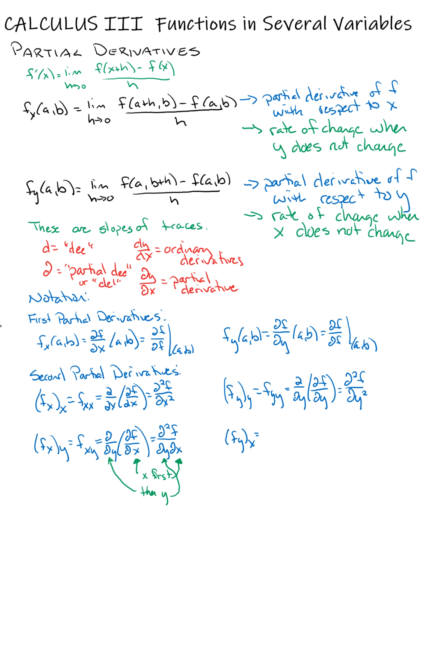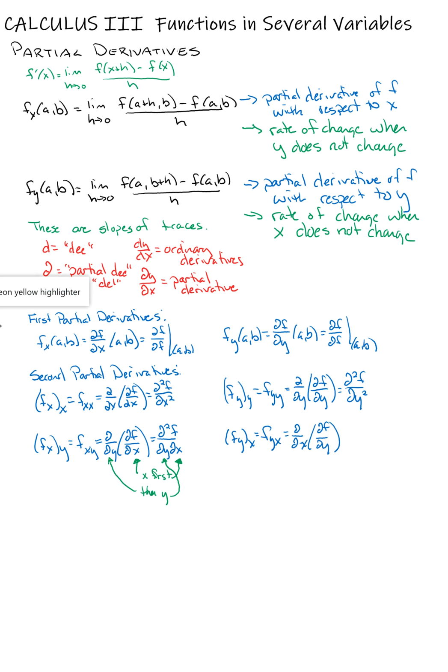Let's see if we can figure out what it looks like if we take the first derivative with respect to y and the second derivative with respect to x. So again, the subscript is just y followed by x, the order that we're going to take those derivatives. So it's the partial derivative with respect to x of the partial derivative of f with respect to y.